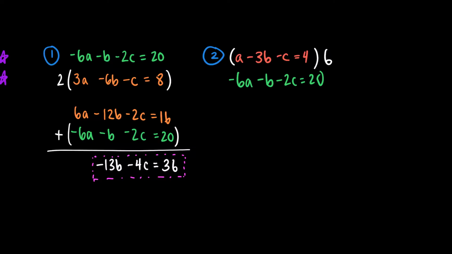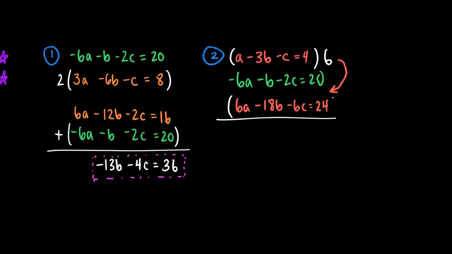All right, so let's do this. The red equation now, actually I don't want that line yet. Let's go ahead and multiply by 6. So we get 6A minus 18B minus 6C is equal to 24. And so now we're going to take these two equations and just add them together.